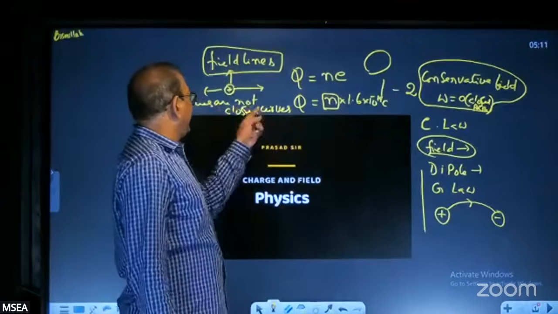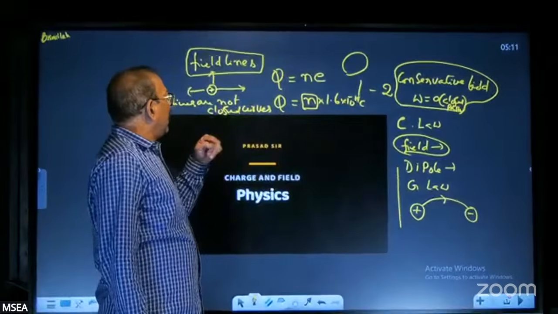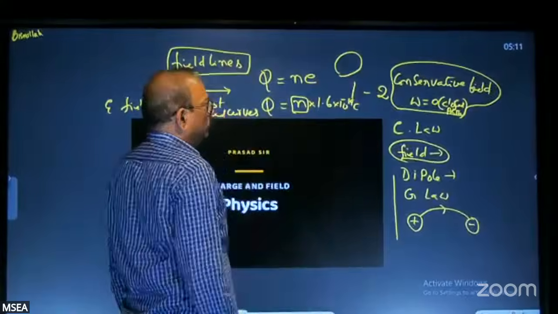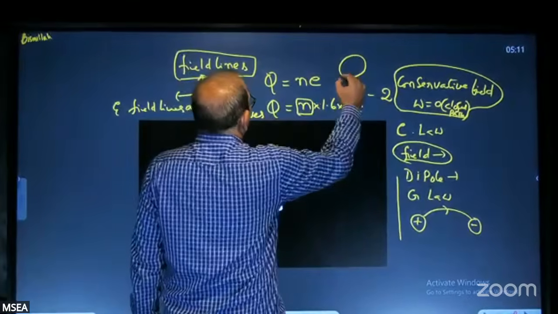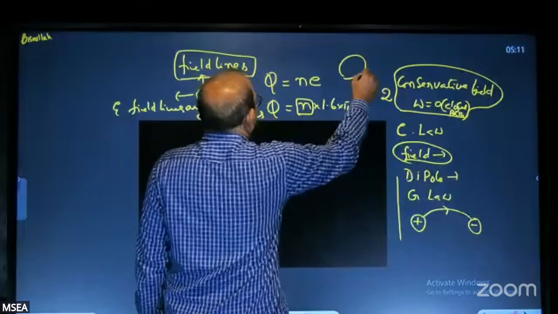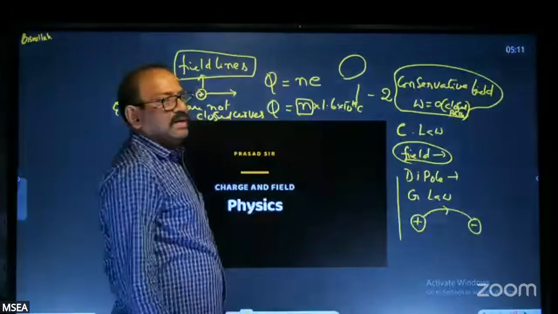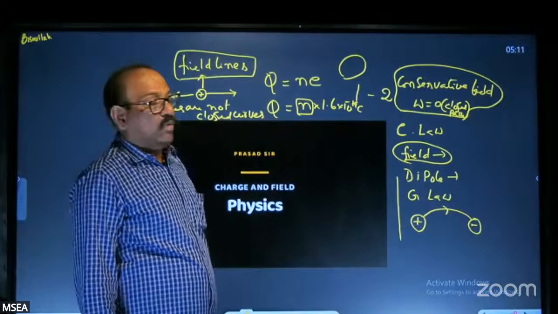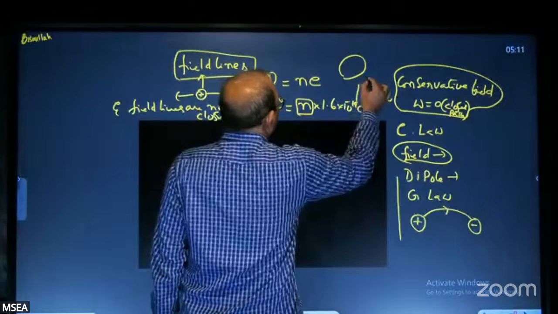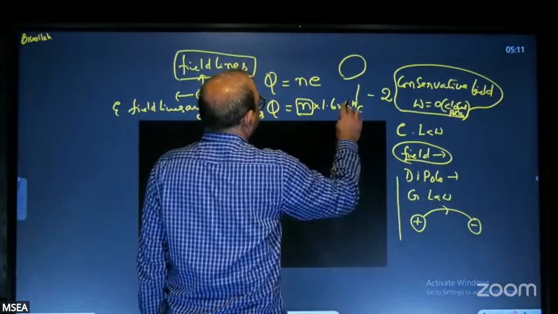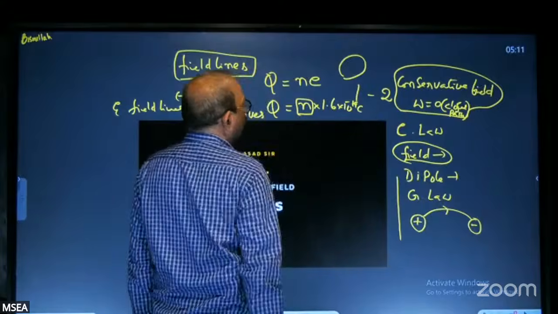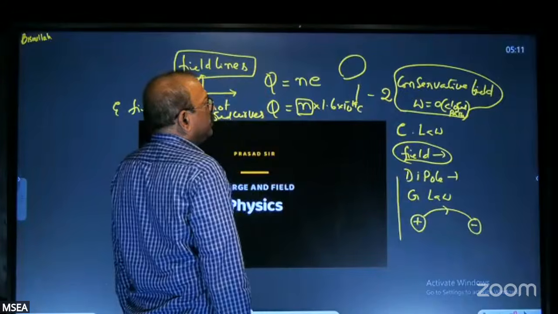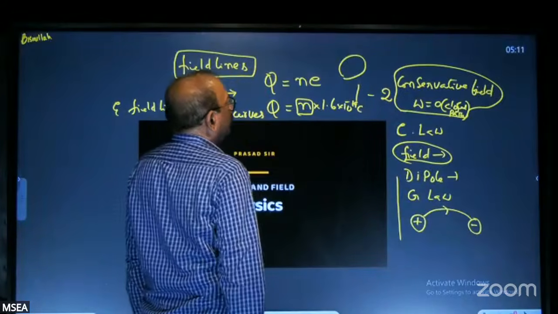Suppose electric field lines are closed curves, if you assume they are closed curves, then the work done to move a charge on that closed path is not zero. That indicates the electric field is not a conservative field, because work done by a conservative field to move a charge on a closed path is zero.